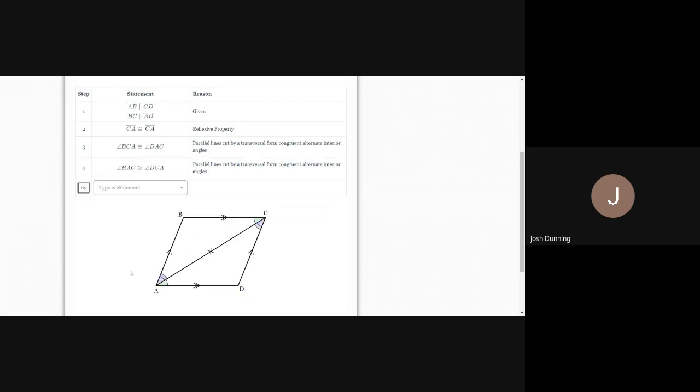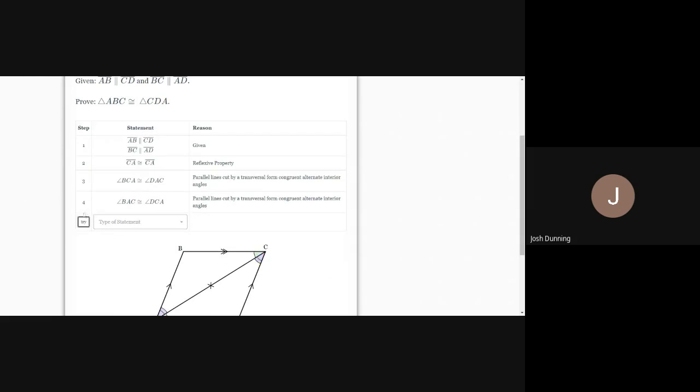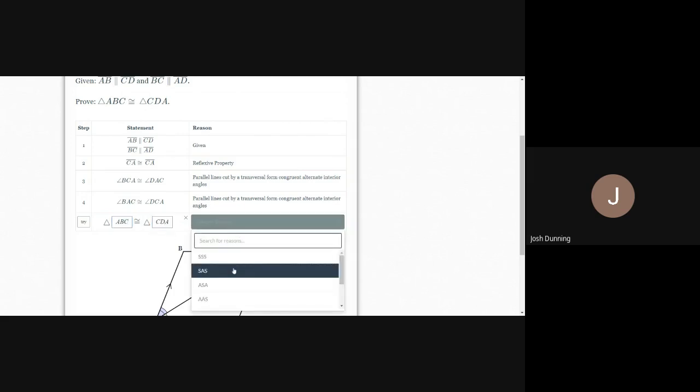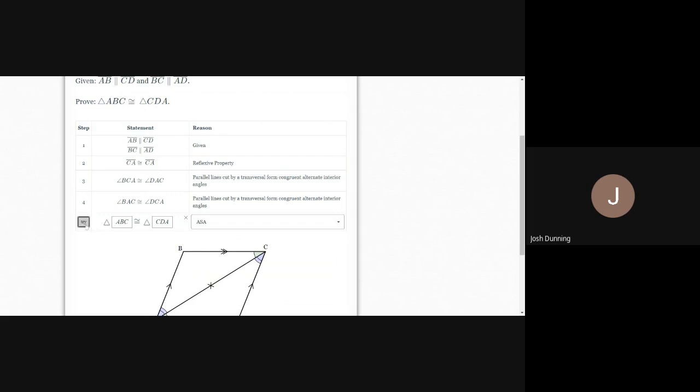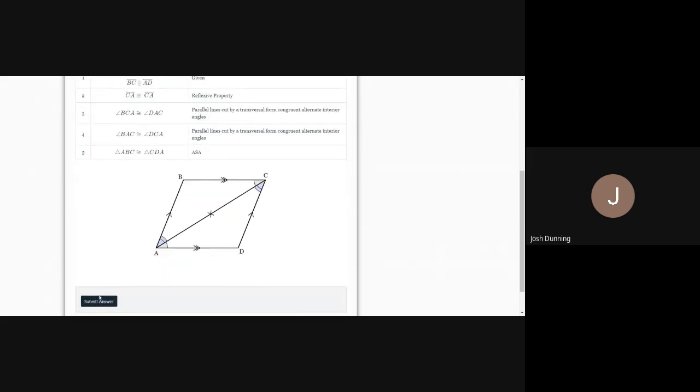So now those are in blue. Now we have angle, side, angle, and we're done. So you go to the triangle, just like it says, ABC, CDA, and then that one is angle, side, angle. And done.